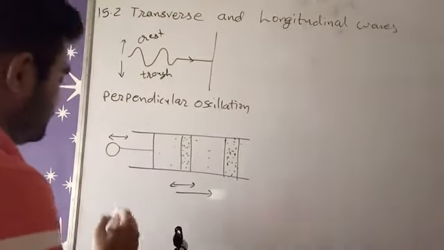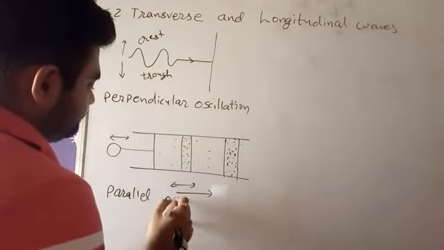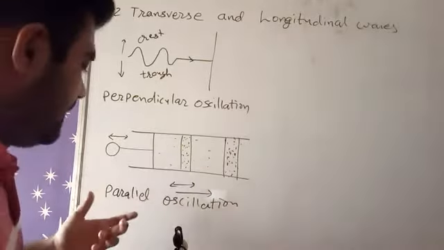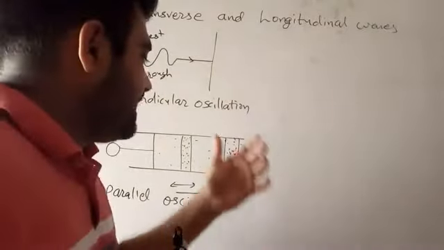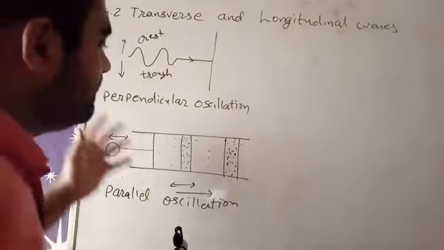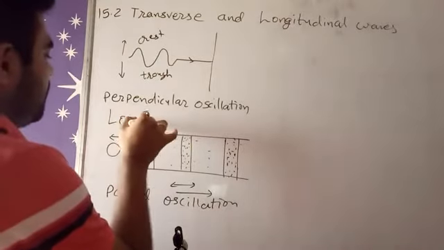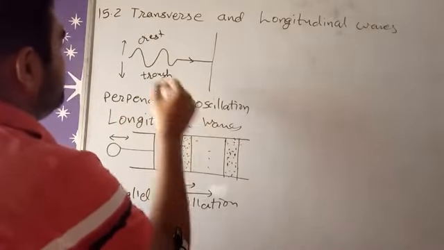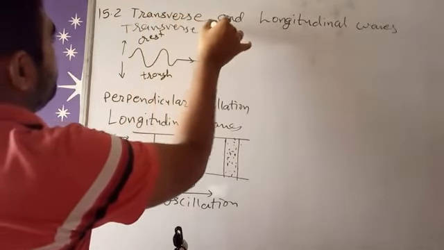So here it is a parallel oscillation, or we can call it parallel and opposite oscillation, and that is how these longitudinal waves propagate. So that is called a longitudinal wave, and this is called a transverse wave.